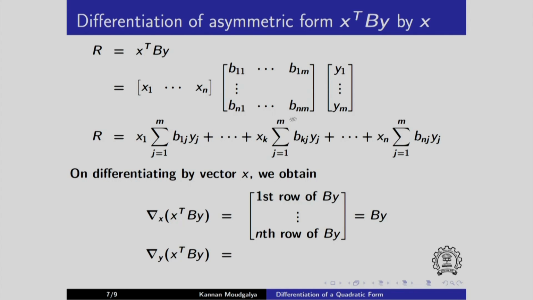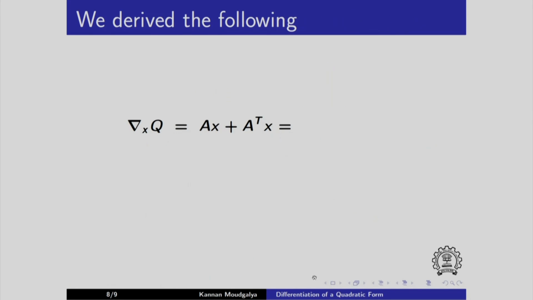In other words, this is a scalar. Because it is a scalar, I can take a transpose. So I differentiate y transpose B transpose into x with respect to y, and using this formula I get B transpose x. So I get this expression, because this is a scalar.